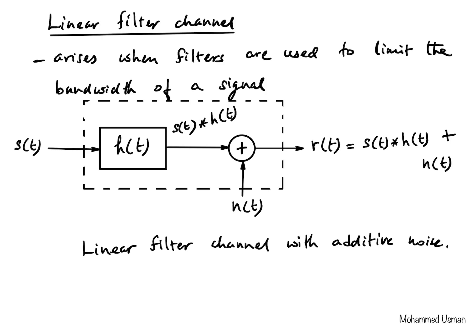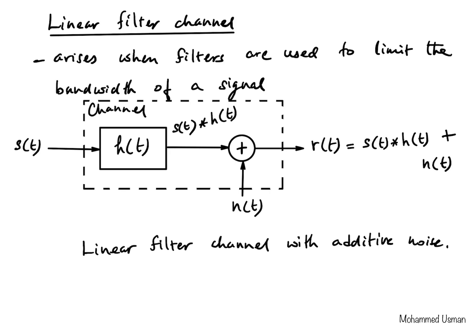That's our channel, which has a linear filter component given by its impulse response h of t, and the additive noise component given by this plus sign, and the noise simply gets added to the convolution of the input signal with the impulse response of the linear filter. So that's our second model for the mathematical model of the channel.